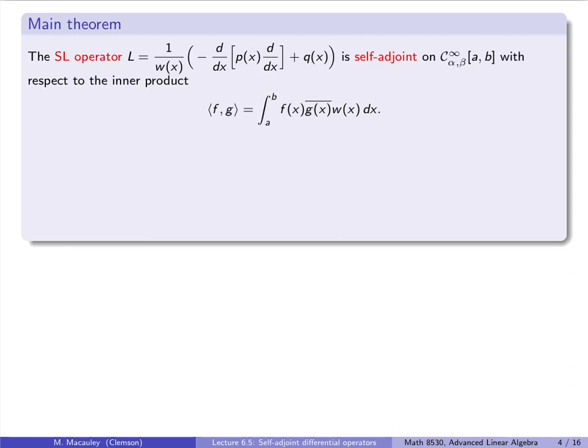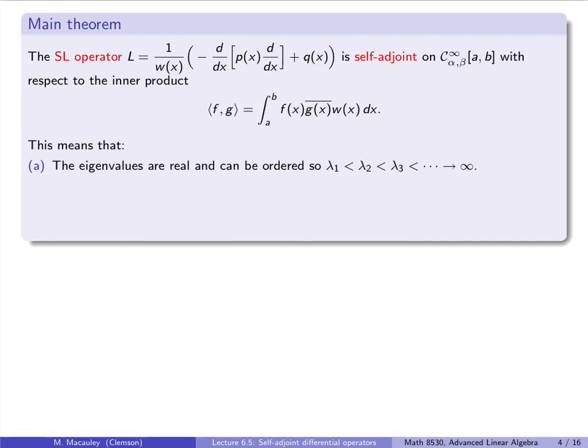Now, the details of this, you don't need to memorize. Just know that, as a consequence, the eigenvalues are all real, and it can be shown that they are unbounded and can be ordered in increasing order, diverging off to infinity, like this. Secondly, each eigenvalue, lambda_i, has a unique, that's unique up to scalars, eigenfunction, y_i(x).